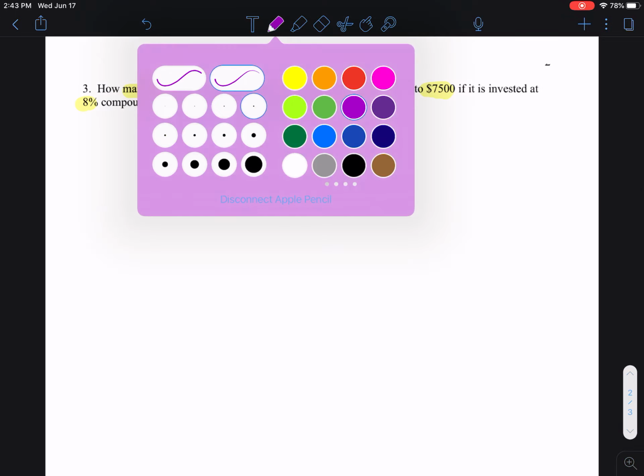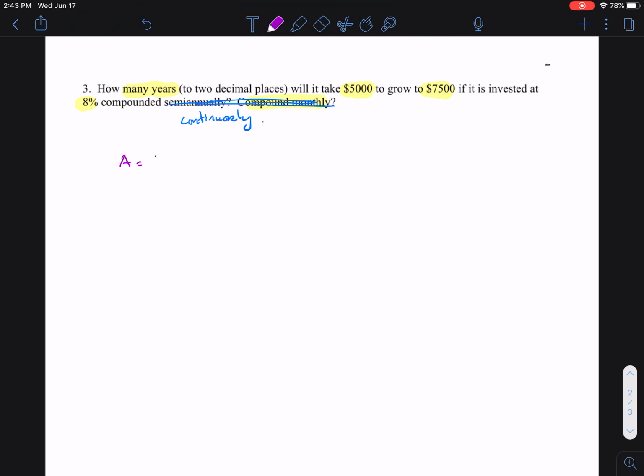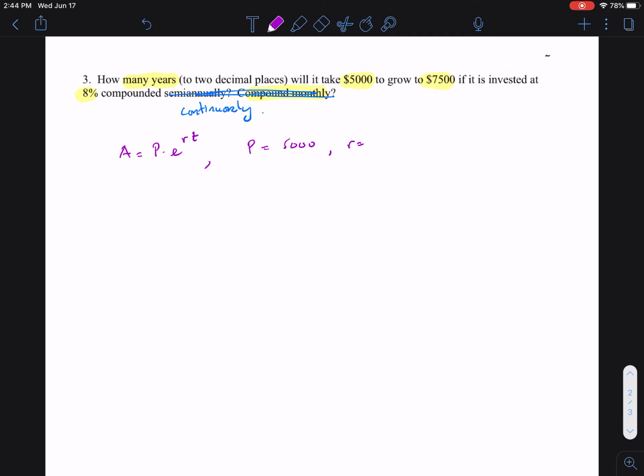Well, if it's compounded continuously, the formula is A equal to P times e to the rt, right? The principal in this case is 5,000. That's the amount that we start with. The interest rate is 8%, so 0.08.